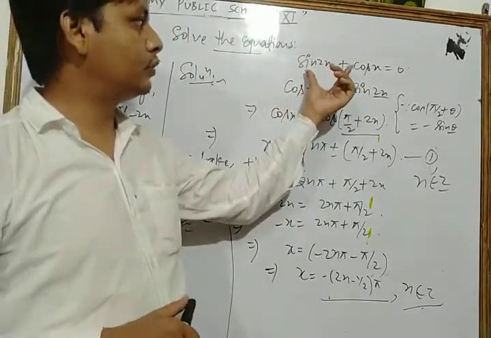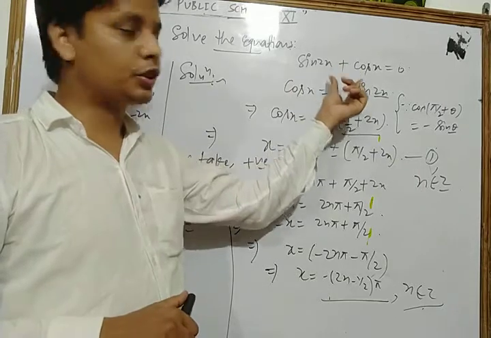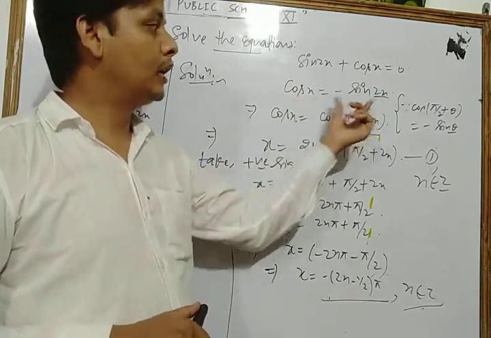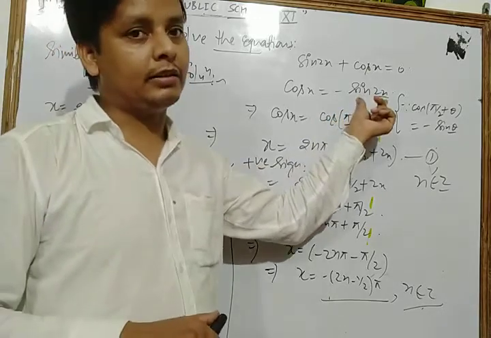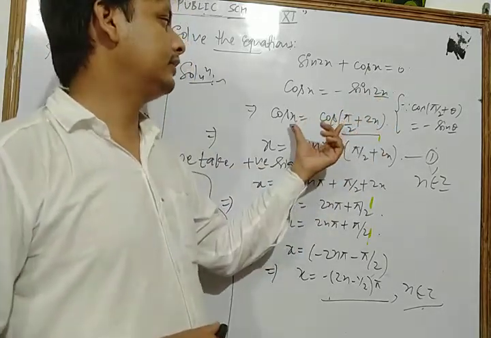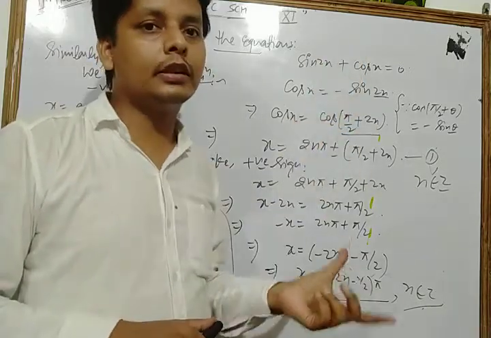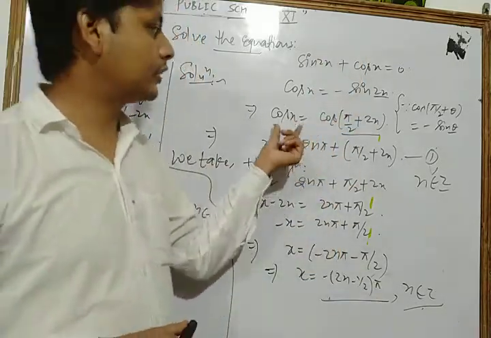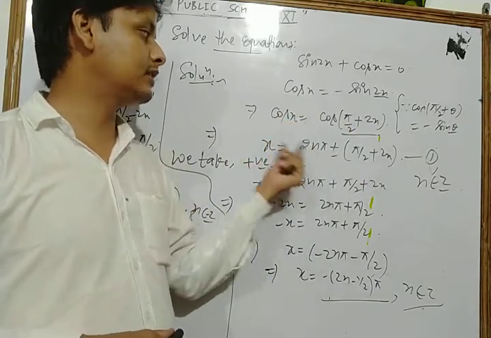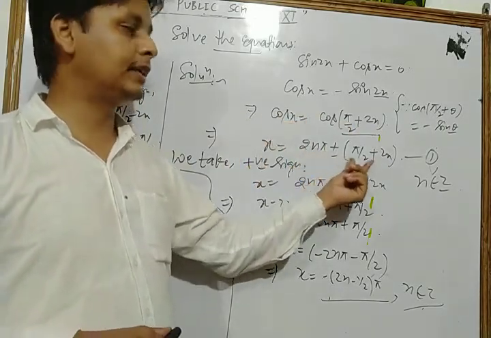So first of all, dear students, we write this equation in that way, that is cos x is equal to minus sin 2x. Now we convert it into cosine, that is we write cos of pi by 2 plus 2x. Now we reduce this equation and we get cos x is equal to cos alpha. Then the general solution of that is x is equal to 2n pi plus minus alpha.